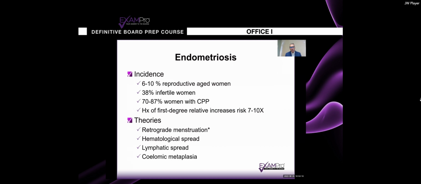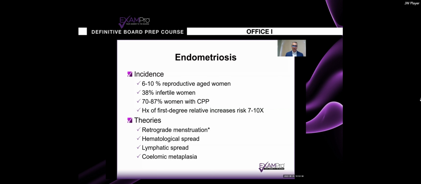All right, we're going to talk for a few minutes about endometriosis. I feel pretty confident that most of you have more than one of these cases on your case list. They can be in the GYN section. They can also come up in the office section. The principal manifestation of endometriosis that we think about is chronic pelvic pain and infertility.